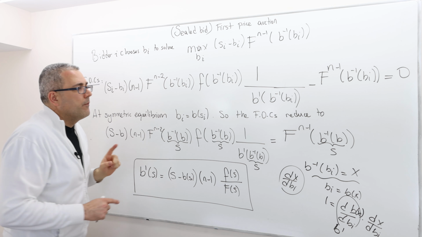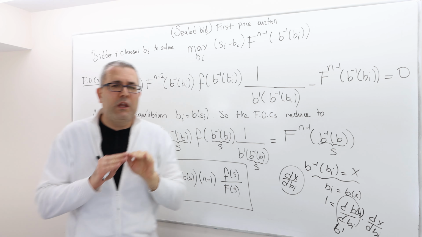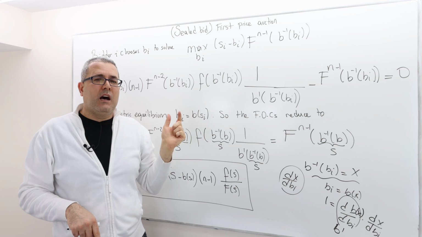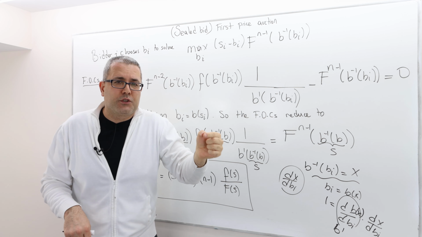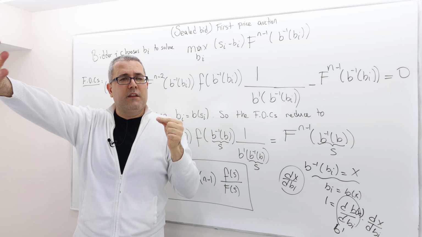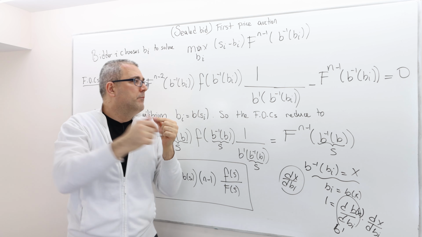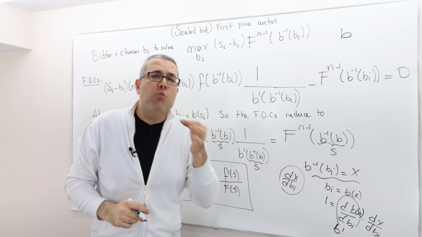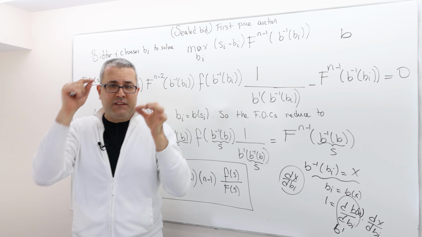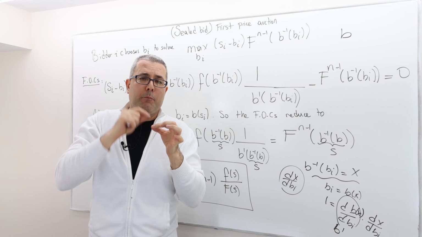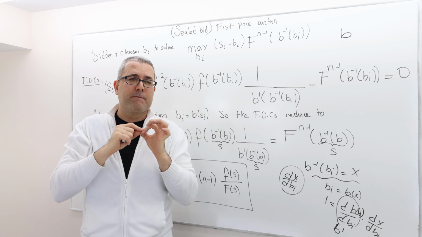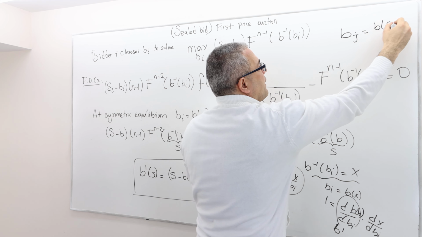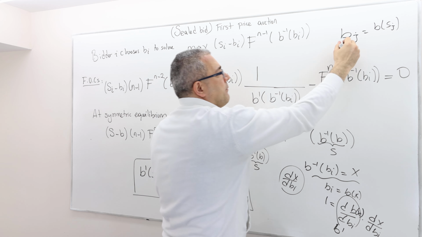All right, so here's the trick. Remember, we are looking for a symmetric equilibrium. Here is player i's best response when all the other bidders bid according to the b function. We want to show that this b function is also the best response for player i. Remember, everybody else is bidding according to this b function, except player i.